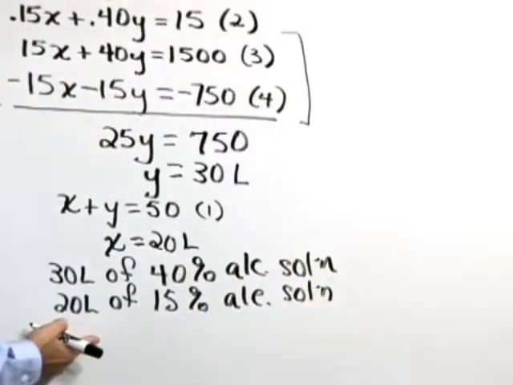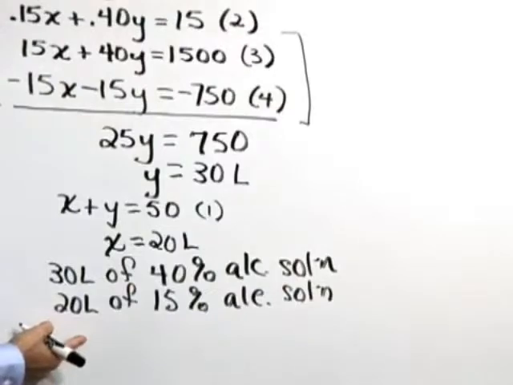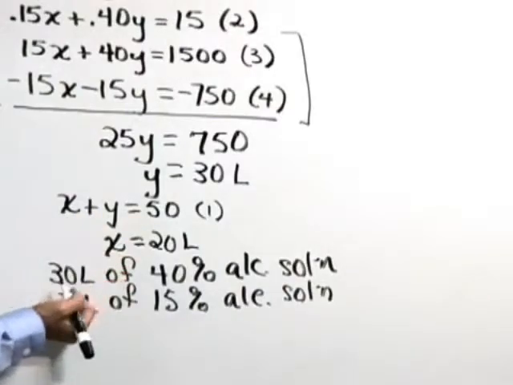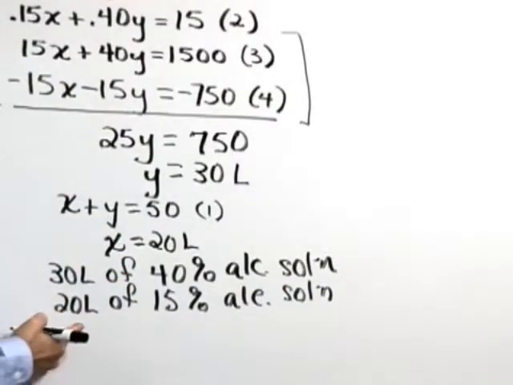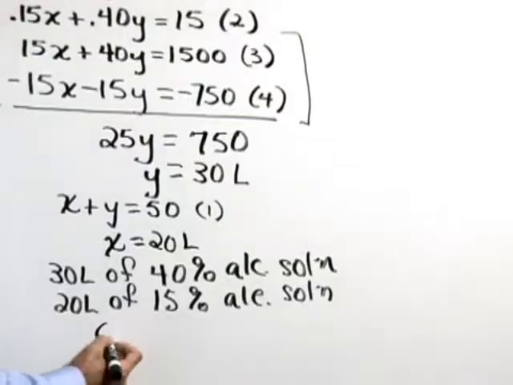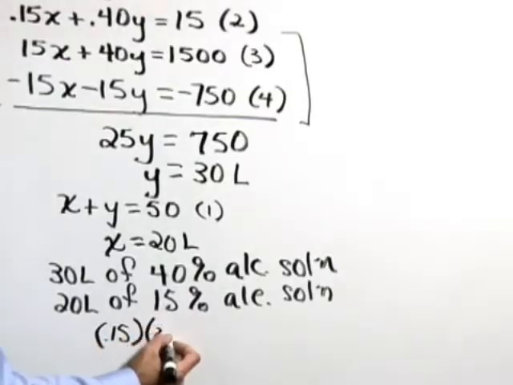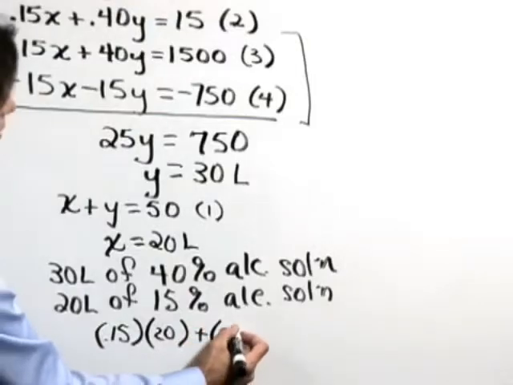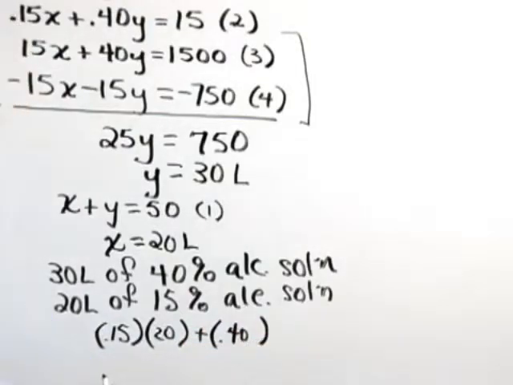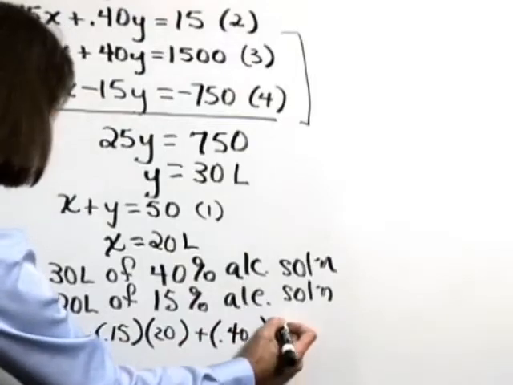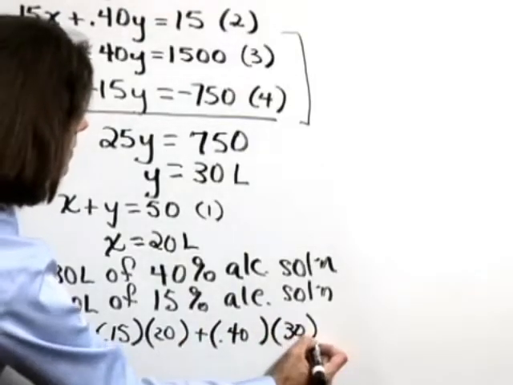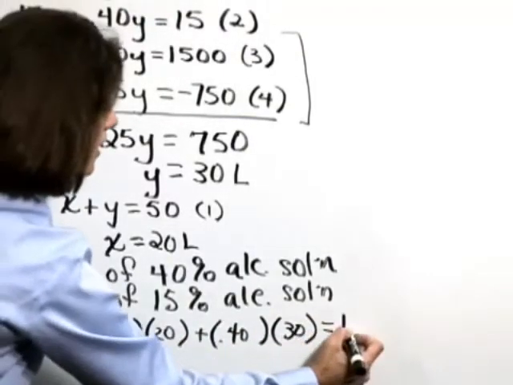As a last step, let's run a quick check of things. We're given that in equation 1, the total of X and Y should be 50, and indeed it is. And in equation 2, we're given that if we multiply and find 15% of X, or 0.15 times X, plus 0.40 times Y, which was the 30 amount, then we should get an answer of 15.